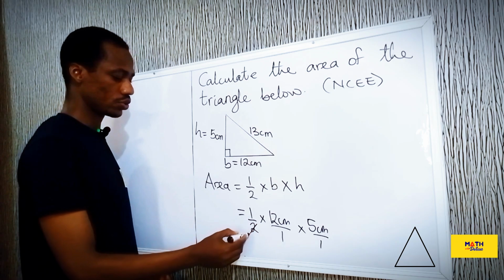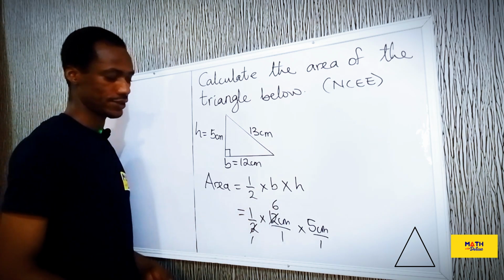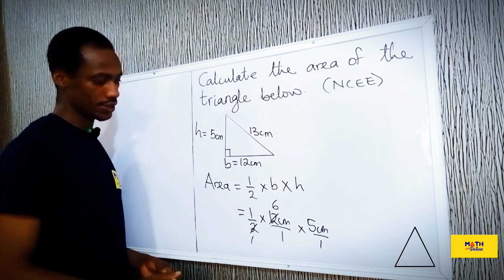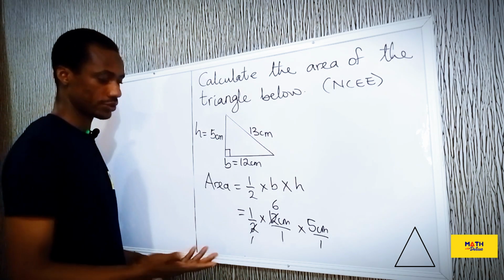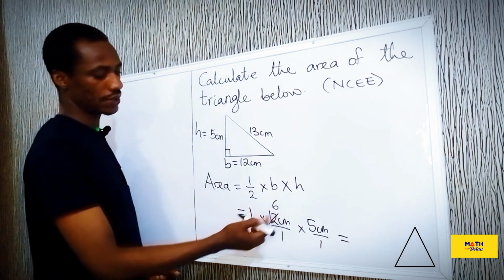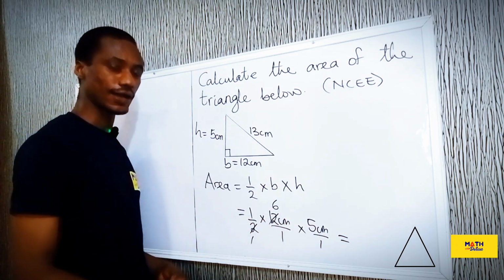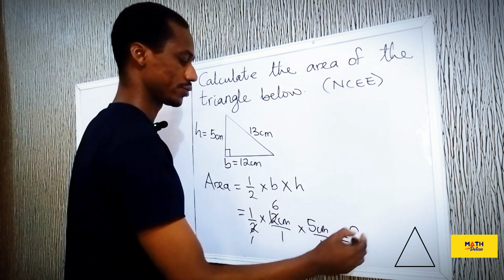So, 2 goes there once, and 2 in 12 is 6. I don't have any other thing to divide, so we multiply. We have 1 times 6 times 5. So 6 times 5 is what? 30. Good.